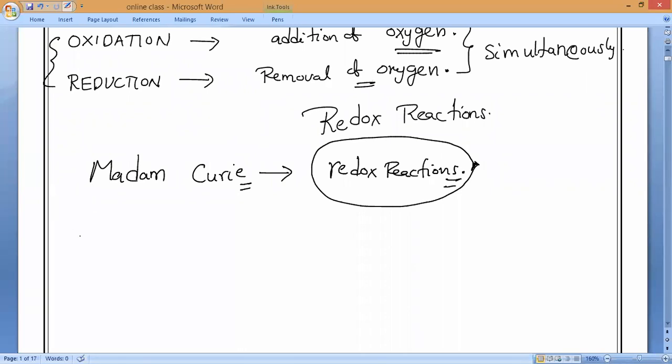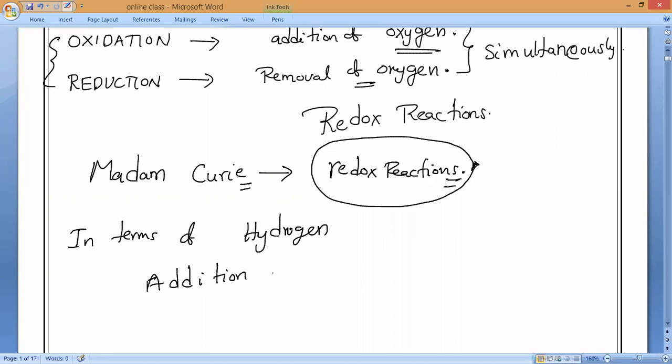That was in terms of oxygen, addition or removal of oxygen. Now, let us check in terms of hydrogen. Addition of hydrogen is called what? Anyone? Reduction. Very good.